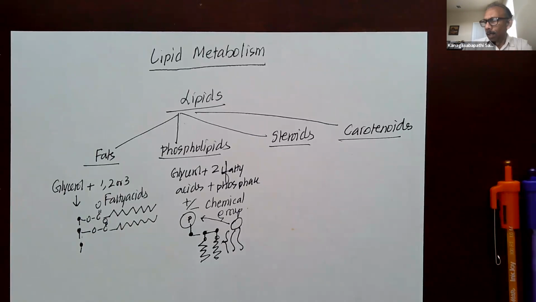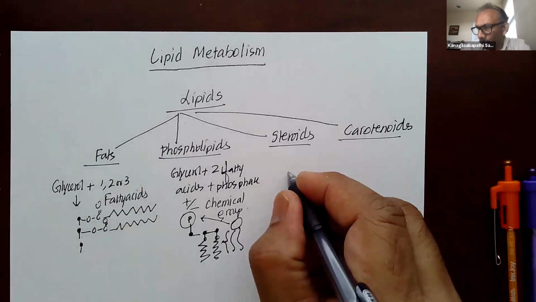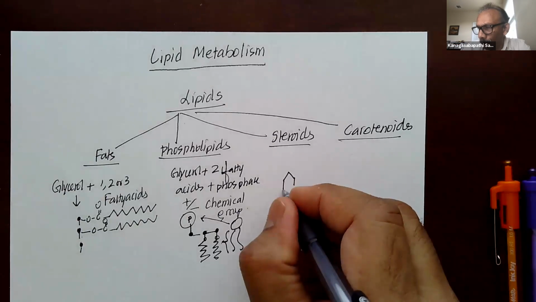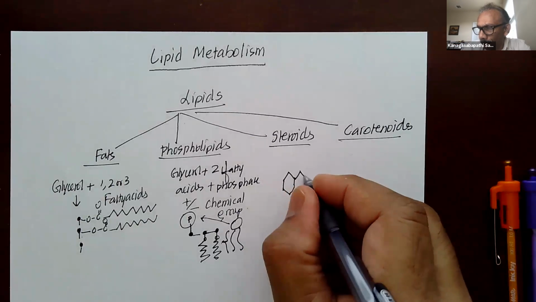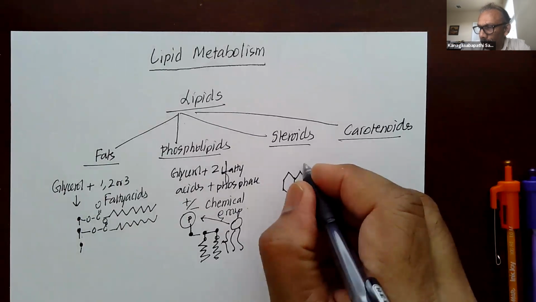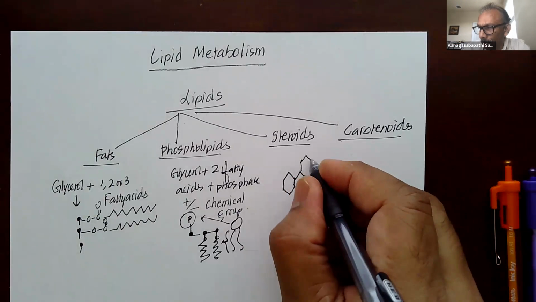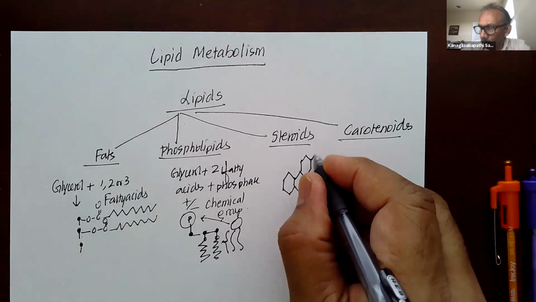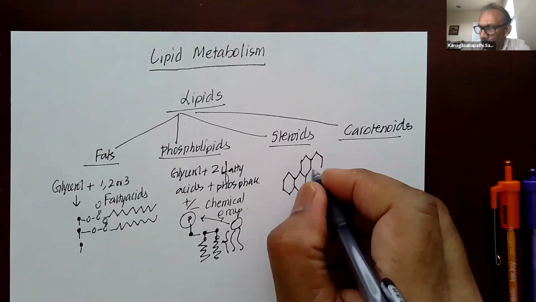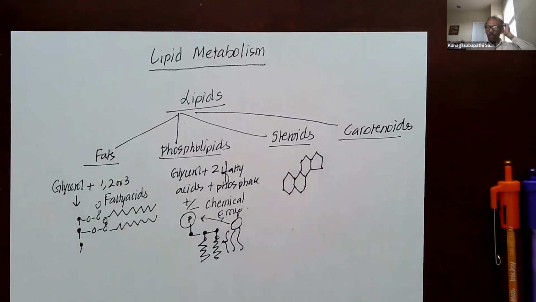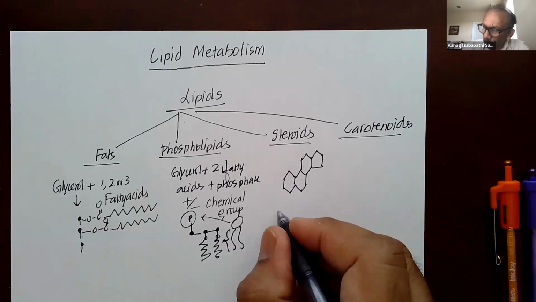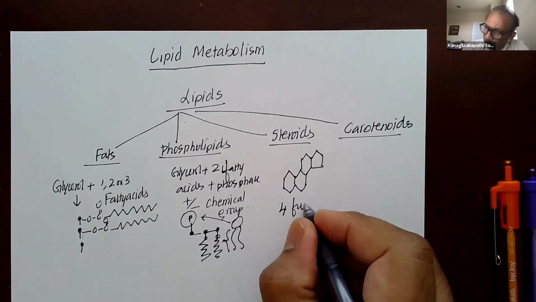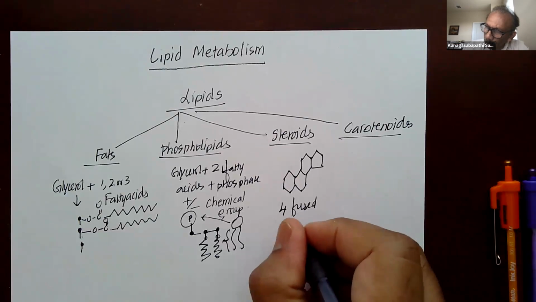Steroids, on the other hand, have 4 fused carbon ring structures. They are very typical of the steroids, with or without any additional chemical groups. This is a generic structure of a steroid, 4 fused carbon rings.